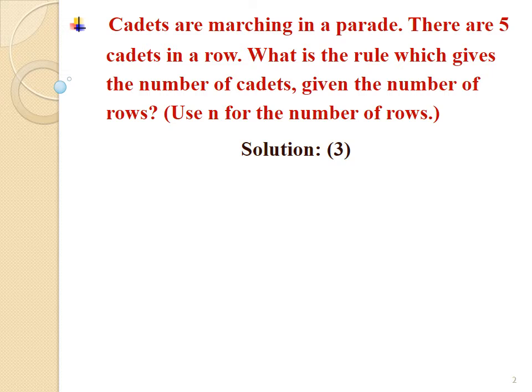Students, in this question, we have to write the rule for number of cadets in a row, and we have been given that there are 5 cadets in one row, but we have not been given the total number of rows. Thus, there can be 1 row, 2 rows, 3 rows, 4 rows, 5 rows, and so on.